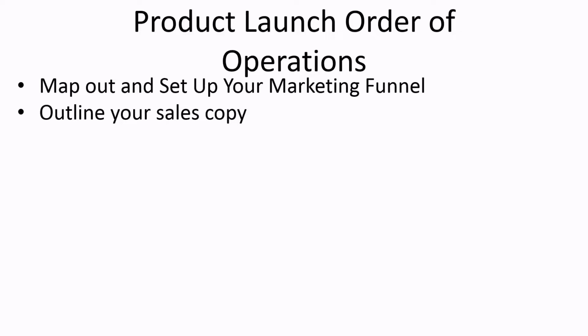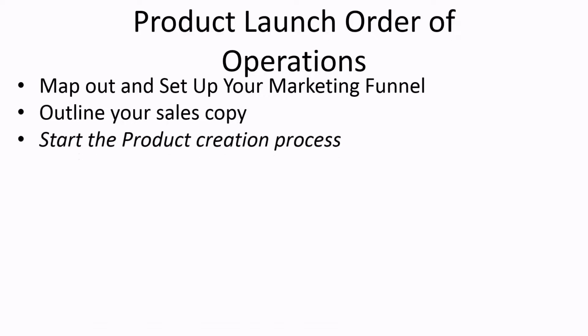This again will help you to determine what you put in your product. What you don't want to do is create the entire product first and then go to the marketplace with it. You want to go to the marketplace, determine what you know is going to sell, and then go and create your product.